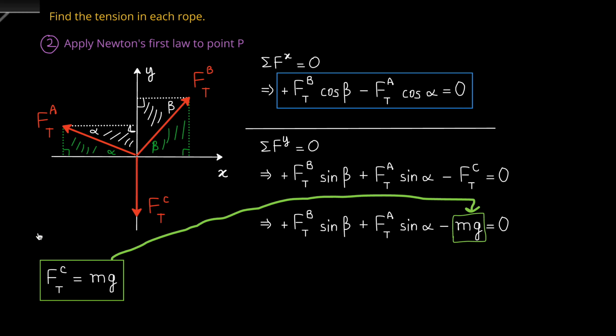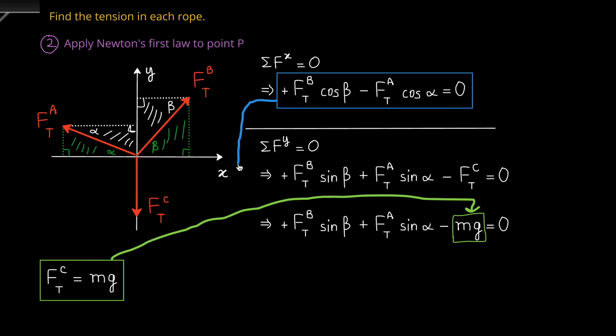Now we have two equations, two unknowns: the tension force in rope B and the tension force in rope A. So what is the next step? The next step is to isolate one of the unknowns from one of the equations. There's more than one way to do it. Usually it's best to find the relatively simpler looking equation and isolate one of the unknowns from that. So I'm going to go back to this previous equation because it has fewer terms.